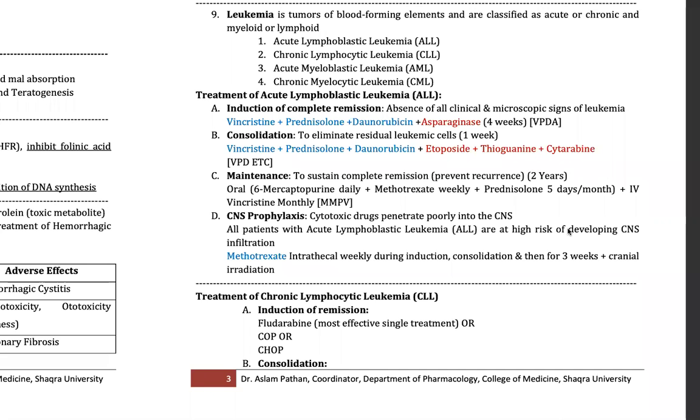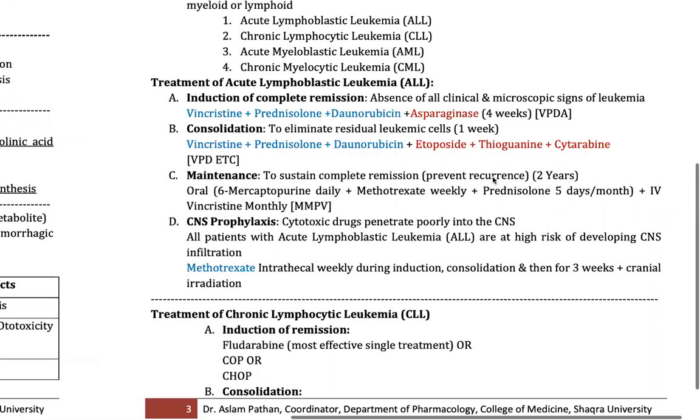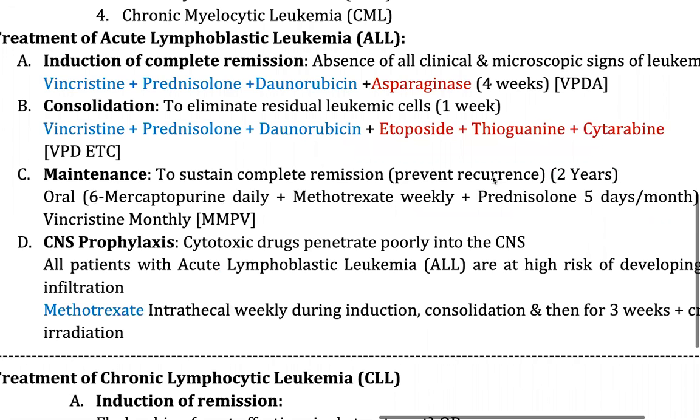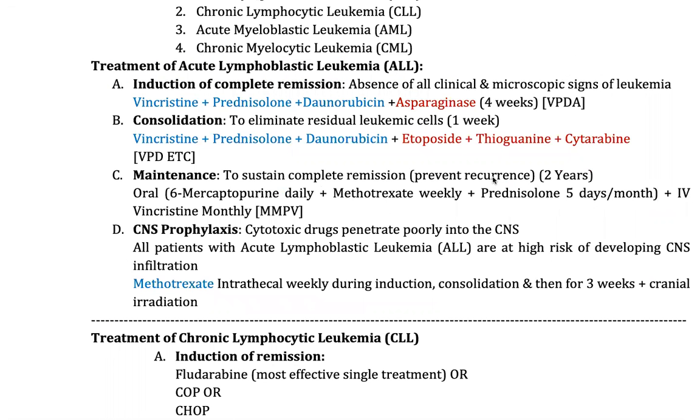Consolidation is for 1 week, and the maintenance is for 2 years. And the CNS prophylaxis is 8 weeks, starting from the first stage, that is the induction of complete remission.